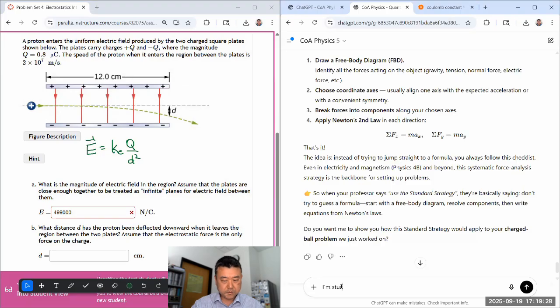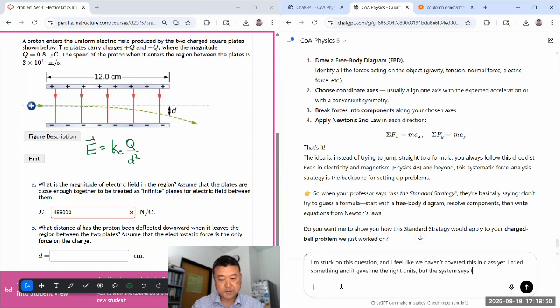I'm stuck on this question, and I feel like we haven't covered this in class yet, and that's technically correct if you're just looking at the lectures and not the homework help videos or the hint. I tried something and it gave me the right units, but the system says the answer is wrong.